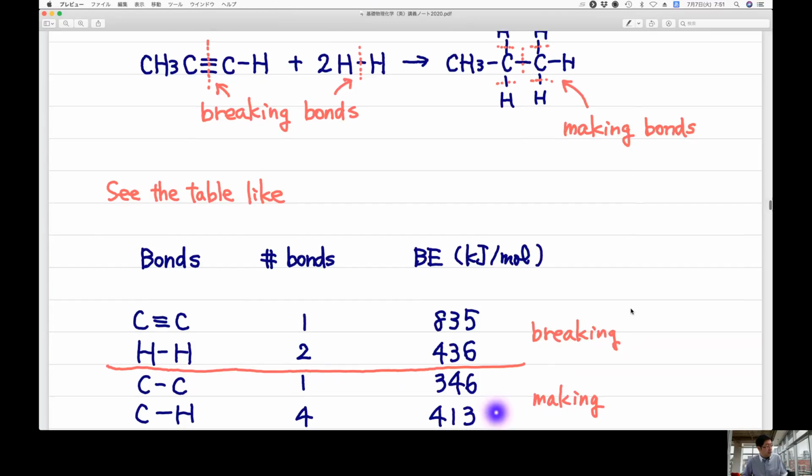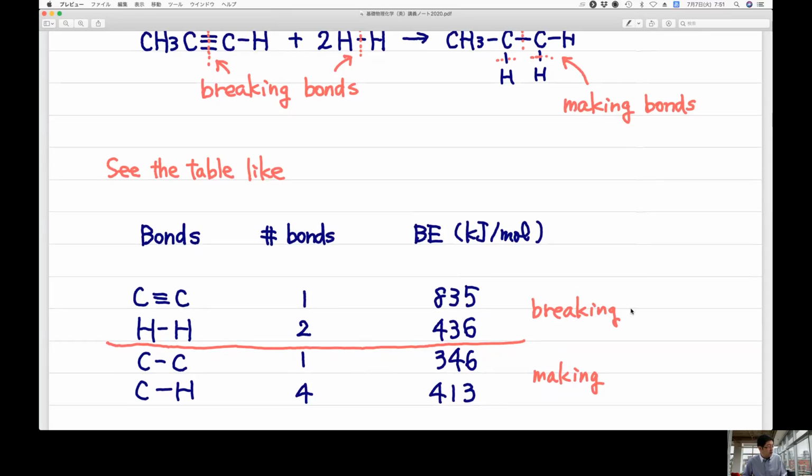Then we can calculate. This is the breaking bond. That means positive, okay? And these are making bonds, which should be negative. So 1 times this value, 2 times this value should be positive, plus 1 times this value and 4 times this value should be negative.